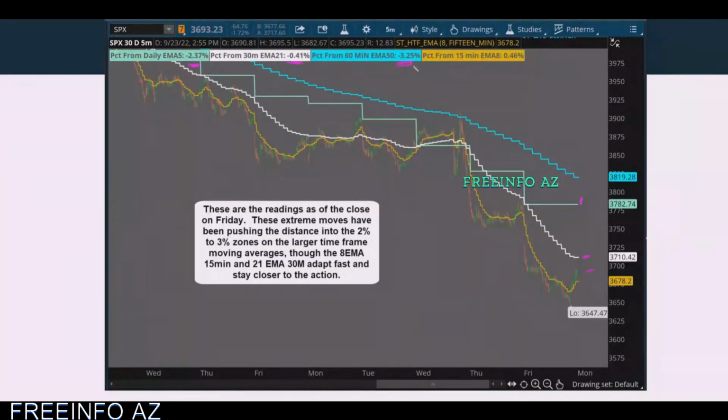We're 3.25% away from that hourly, and then we're actually over the 8. Again, the 8 and the 21 get tested every day. The 5 very likely will too. I've never seen a week where it's not been tested. It changes every day, but the idea that we can come back up here again certainly makes a lot of sense.